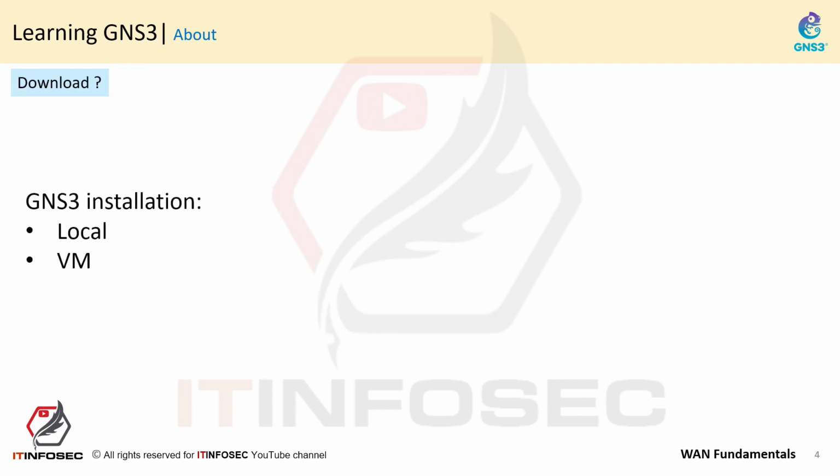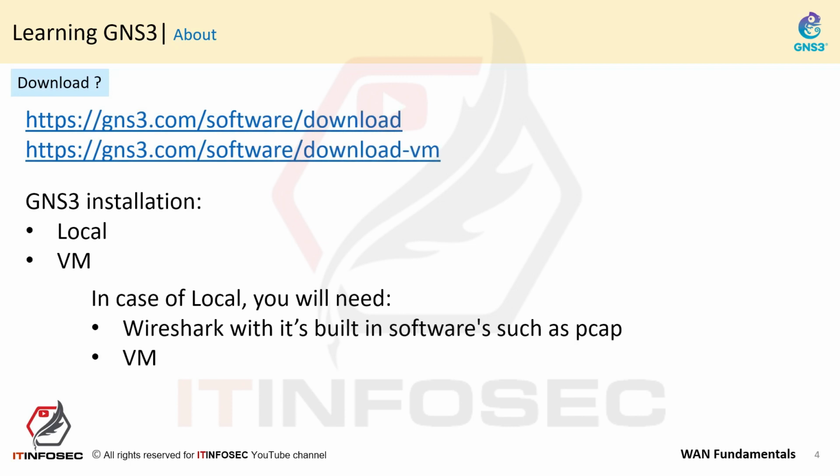And what about download? You can download in two types: first, for local use, and second, for virtual machine. You can install GNS3 locally on your computer, or you can install it on a virtual machine. In addition, you can use it remotely.